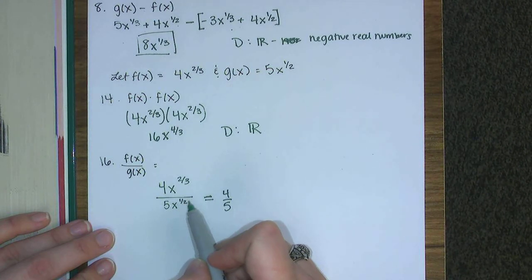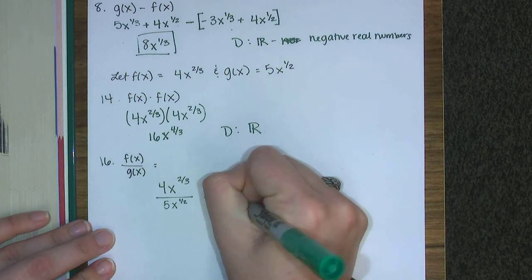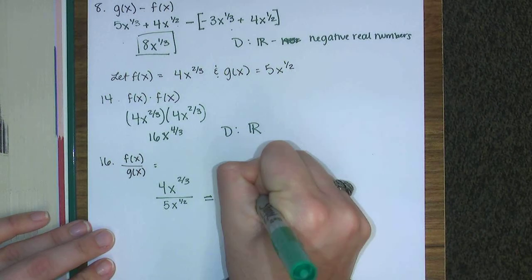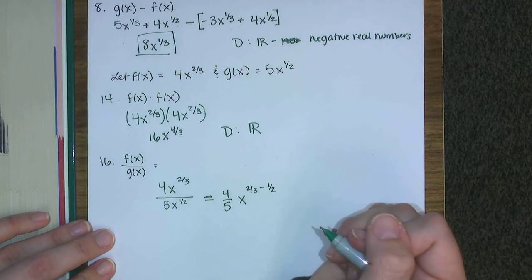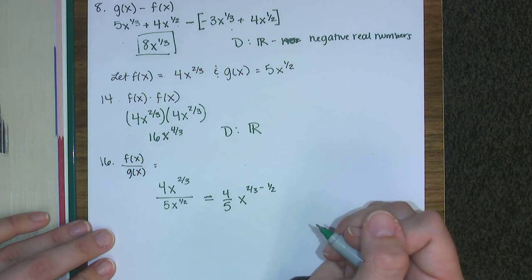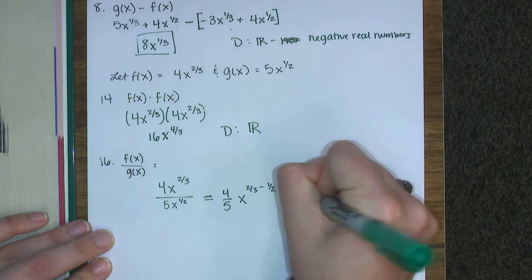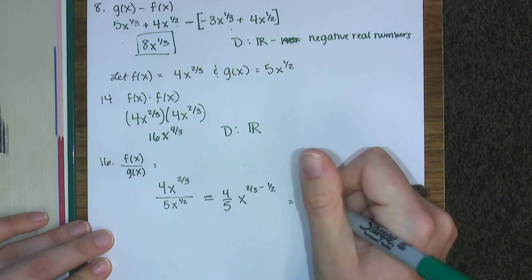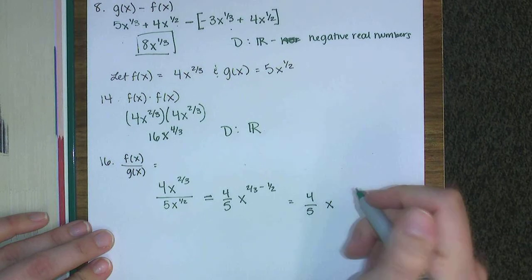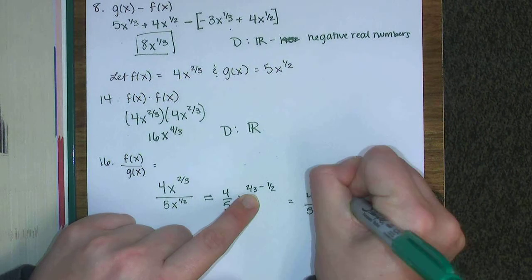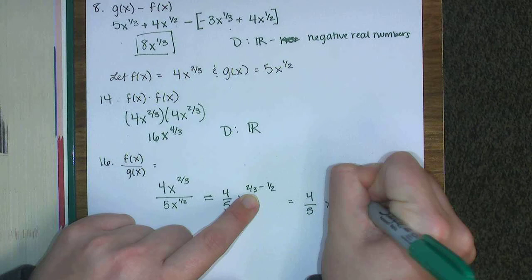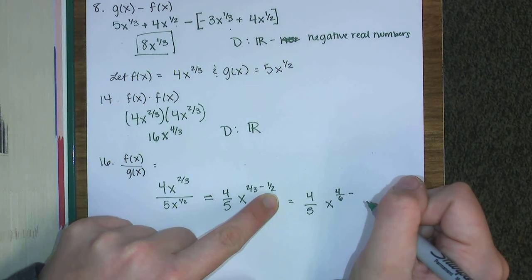So this is going to be 4/5 x to the, now to change this one to 6, I have to multiply it by 2/2, so it's 4/6 minus, to get this one over 6, I need to multiply by 3/3, so that's 3/6, which then I can write my answer as 4/5 x to the 1/6.